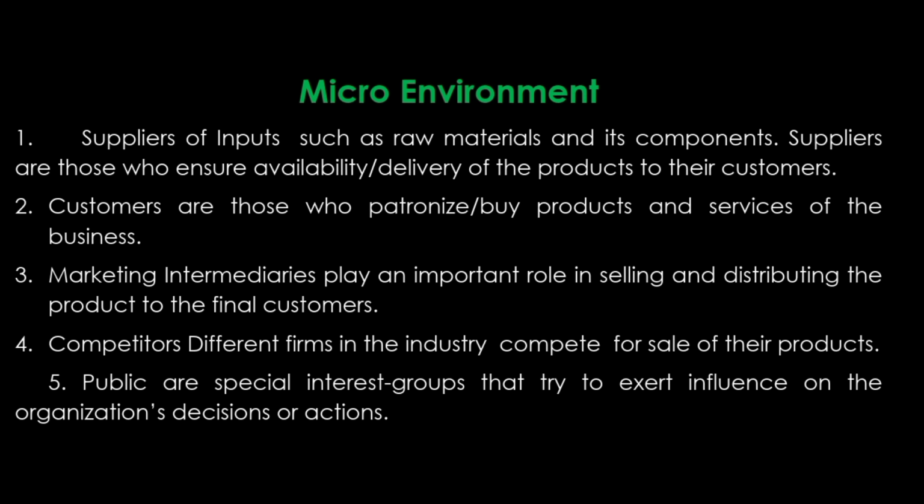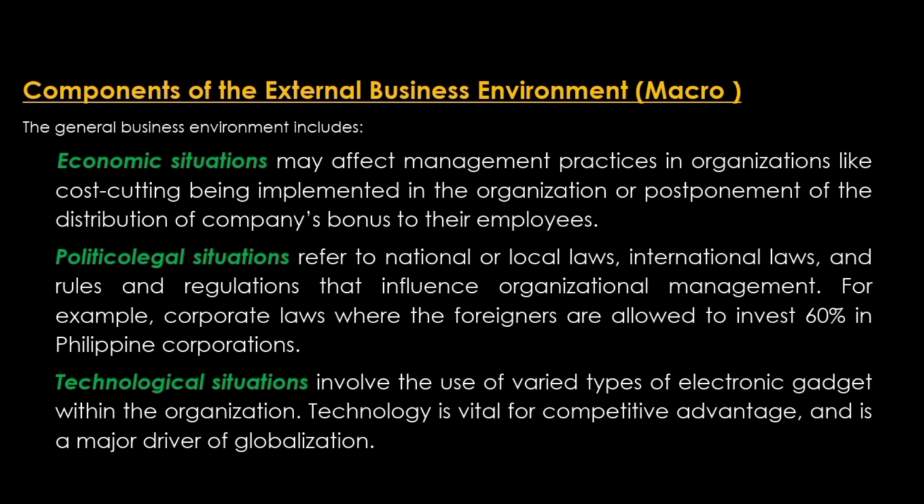The existence of various types of public really influences the working of business firms and compels them to be socially responsible. So that will be the micro environment. Again, for the micro environment, we have suppliers, customers, marketing intermediaries, competitors, and the public. Next will be the macro environment.